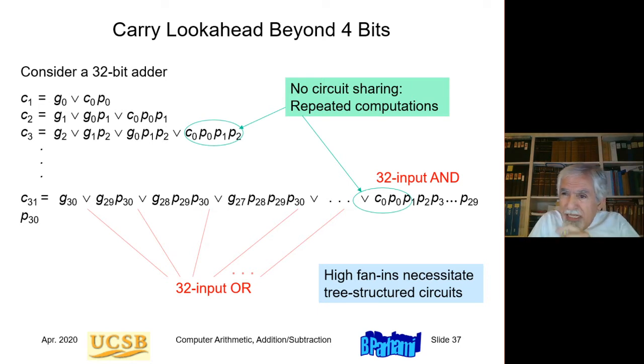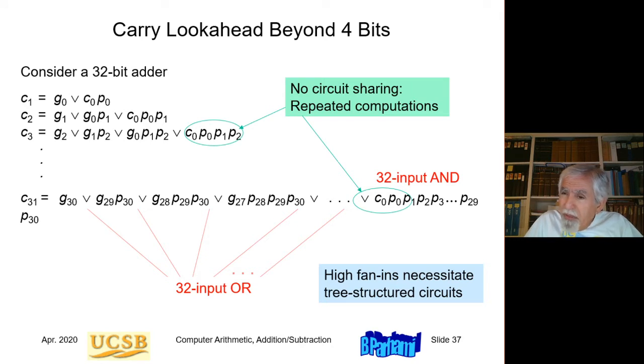So here's an example why no circuit sharing is not good. You have the term C0, P0, P1, P2 computed to form C3, and also C0, P0, P1, P2 appears in that last expression.